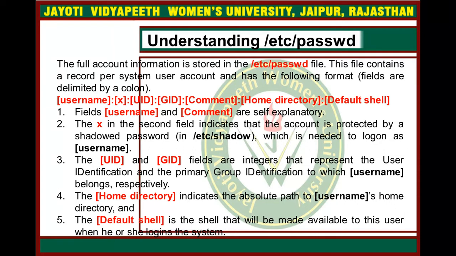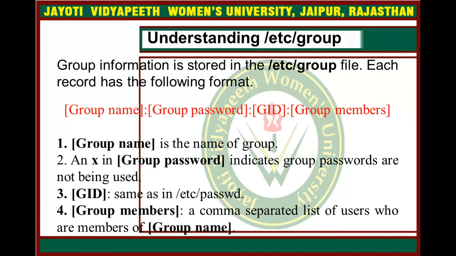So the home directory indicates the absolute path to username's home directory, and of course there is a home directory in everything, from where we can manage each and everything. Okay, so the default shell is the shell that will be made available to this user when he or she logs in to the system. Right? So the group information, which is stored in /etc/group.